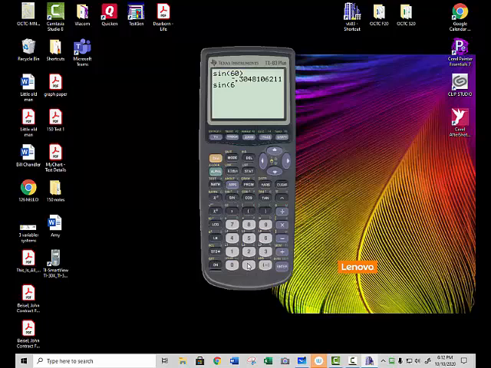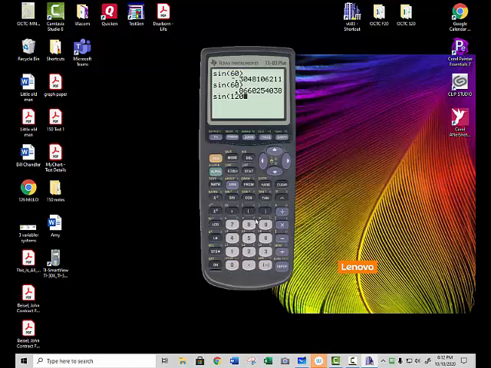If I ask for the sine of 120, because 60 plus 120 is 180, I will get 0.866. So both the angle and its supplement have the same sine values.